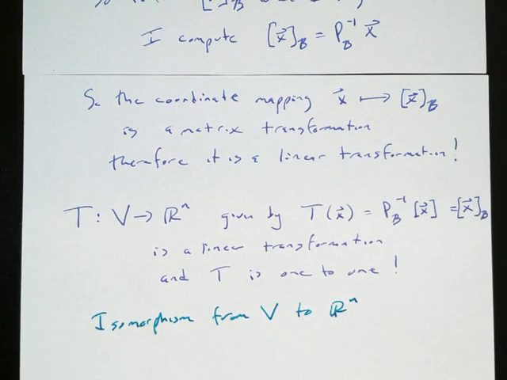And that means iso, same, morph, shape. That means that the behavior in V and the behavior in Rn is exactly identical. Everything we do over in V has a counterpart that we do over in Rn. I can make the calculations easier by working in whichever space is easier to calculate in. But they are effectively the same thing under two different names.